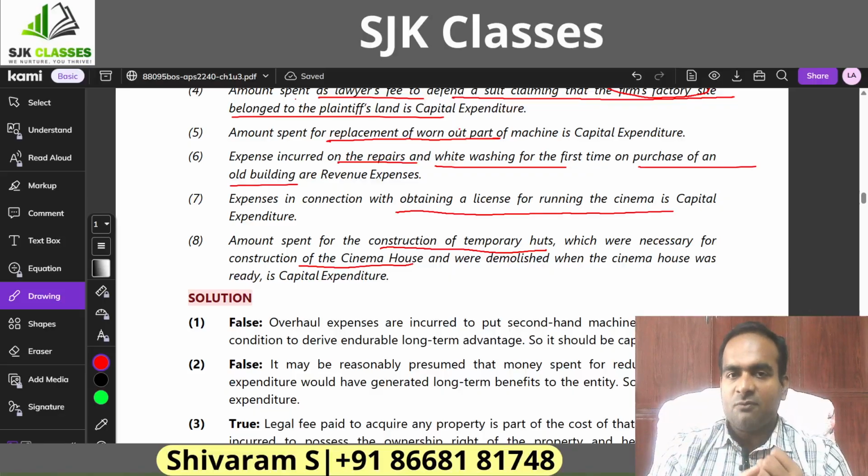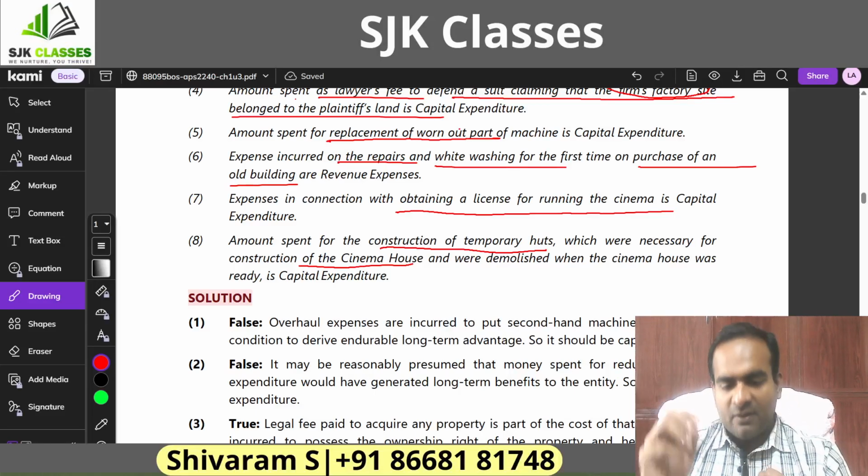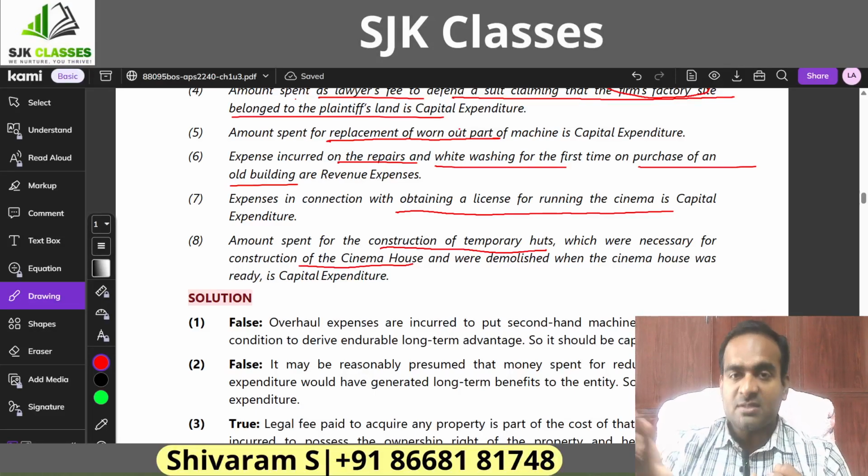So this construction of asset is mandatory, required for getting the asset to a usable condition. So the benefit is there. What benefit? Only when people can stay, they'll be able to construct the building quickly. So I need a place for them. So construction of huts will give us some future benefits because it will help us to complete the construction of the cinema hall quickly.